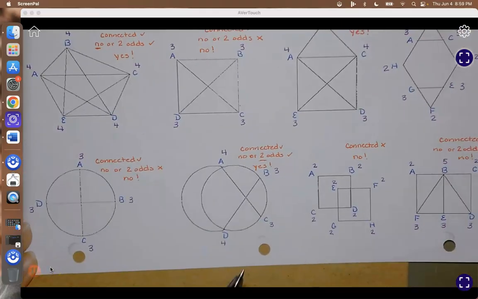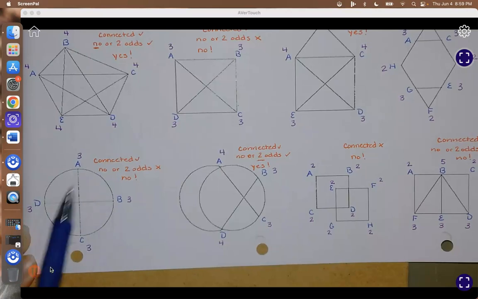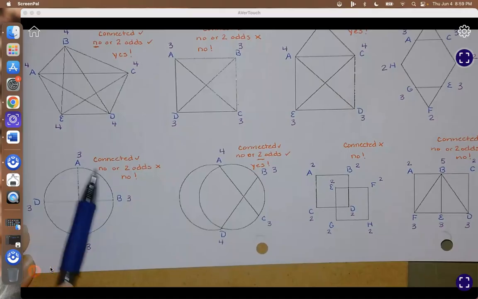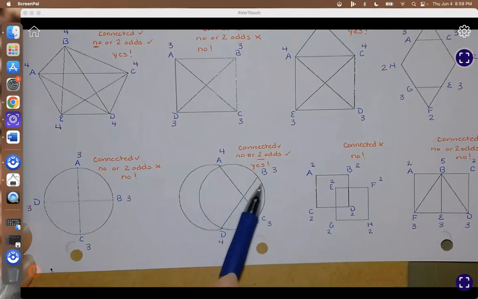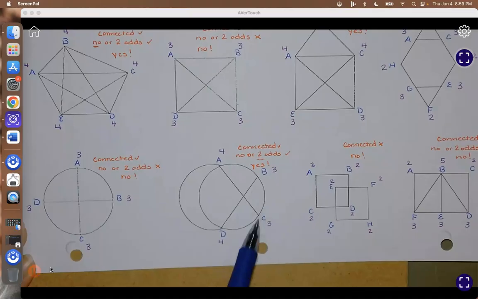All right, guys, so here we are. All of these had 3, so it is connected, and it had 4 odds. So the answer to this one is no. Here you had 4 coming out of this one, 3 here, 3 here, 4 here. There are 2 odds, and it is connected, so the answer is yes here.